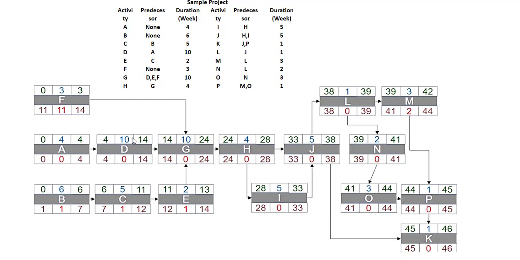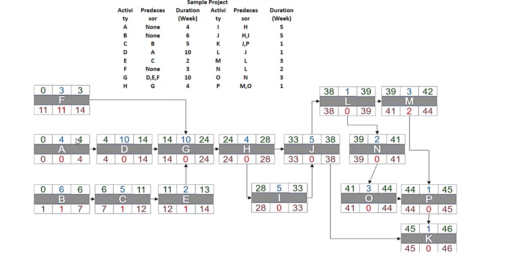Now our second step is these upper factors like early start, duration and early finish. So let's see, for activity A, it can start on the first day or 0 time, we can say, and it needs 4 weeks duration to complete. So here we have 4, and 0 plus 4 is 4.